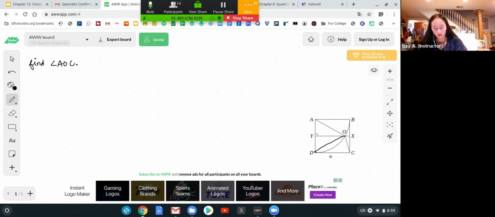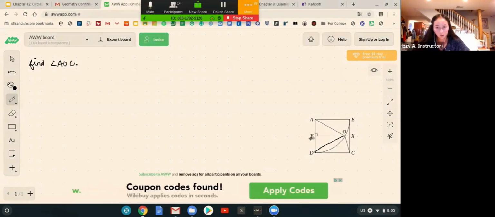Then we can figure out that triangle AOY is congruent to triangle DYO by SAS, because these angles would be congruent, and if this is 90 degrees and this has to be 90 degrees, and then they share the same side.